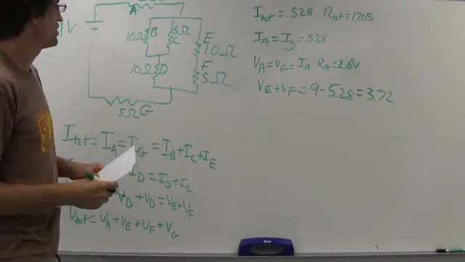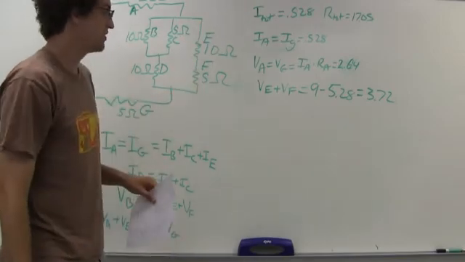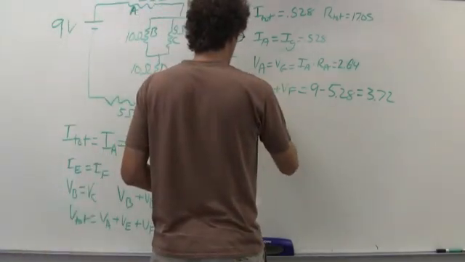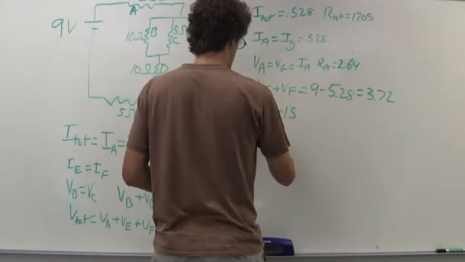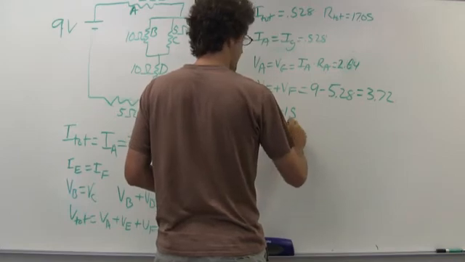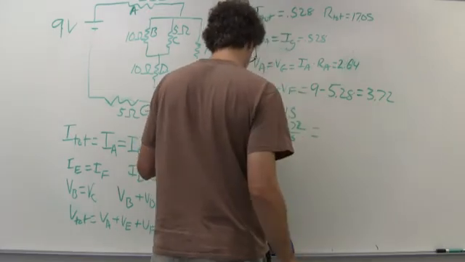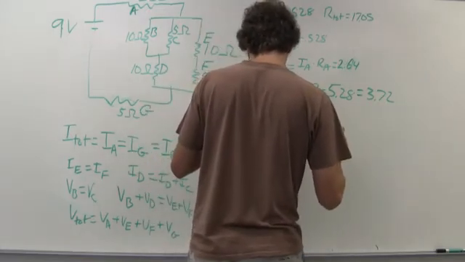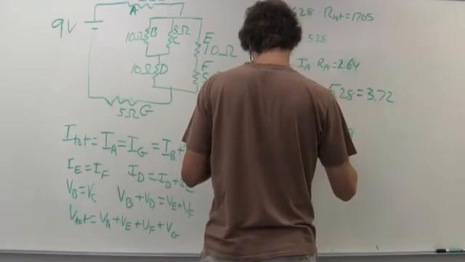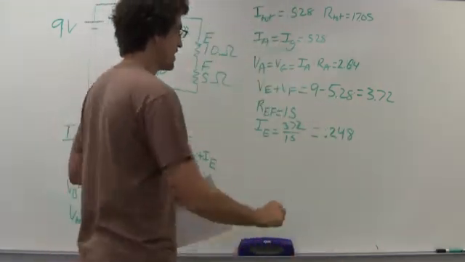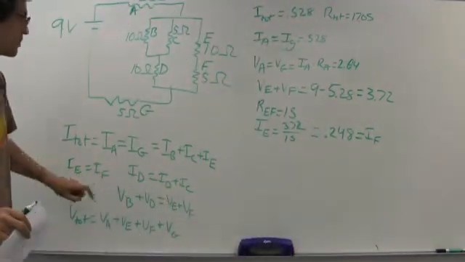So from there, we know that the potential difference over this is 3.72. And since we know that the resistance over that whole bit is 15, we can find IE is going to be 3.72 over 15, or 0.248. And that's also equal to IF, because they're the same. We already know they're the same.